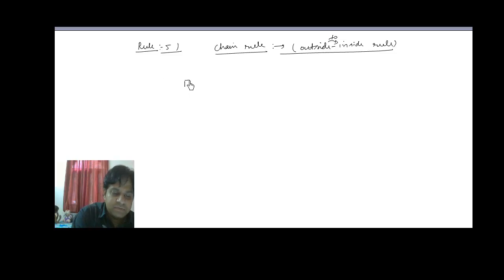For example, I'm starting with a couple of examples. Let's say y is equal to sine x. If I differentiate it, I'll get cos x. Example 2. If I write sine x square, if I'm going to write anything other than x, then I'll put that thing in brackets, right?